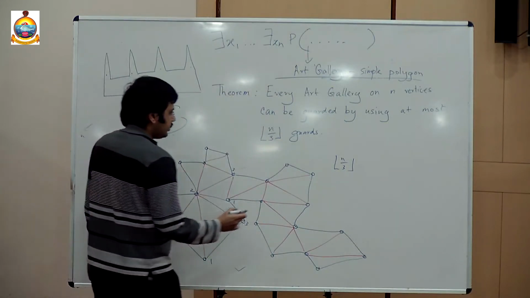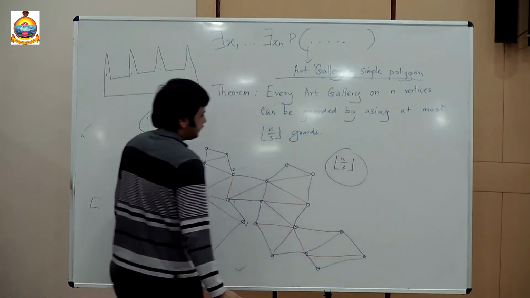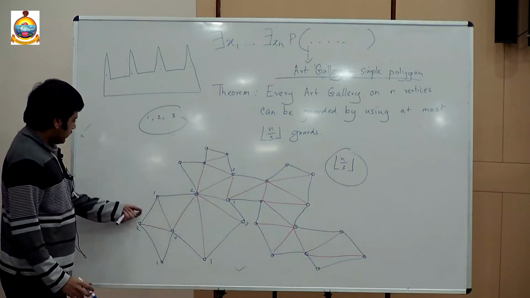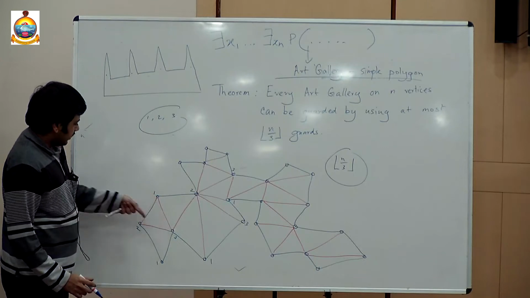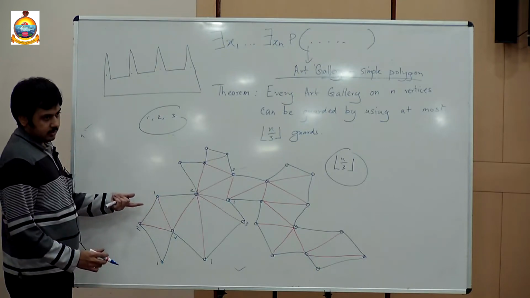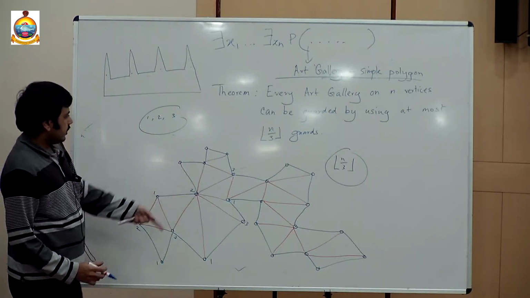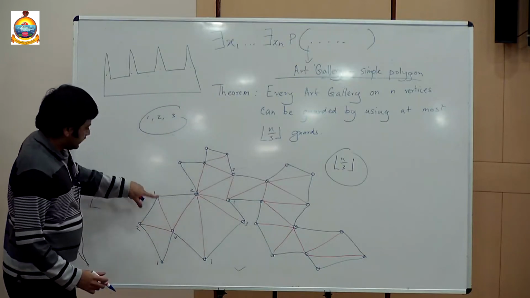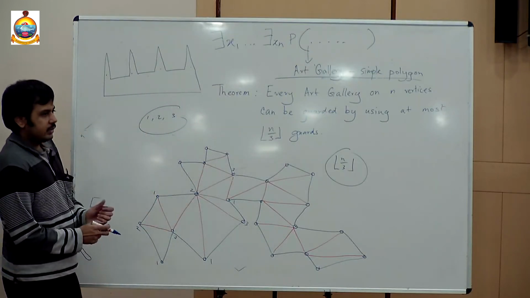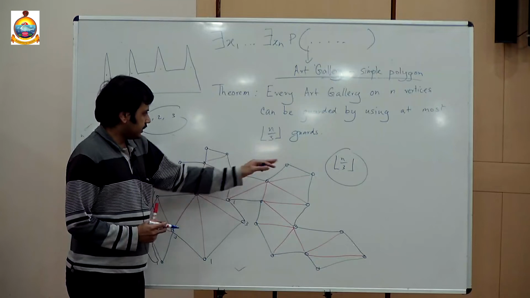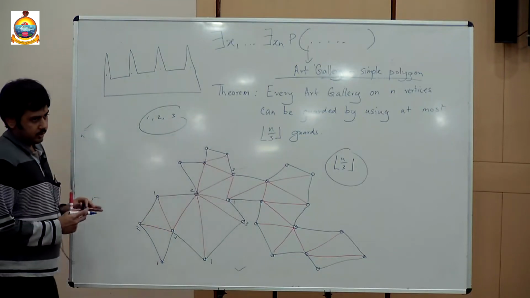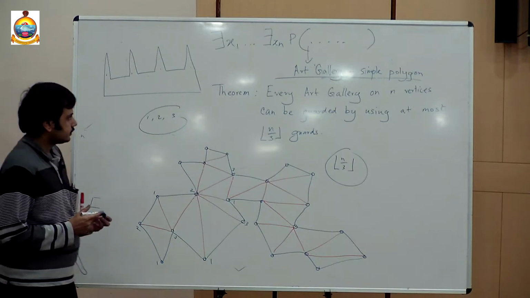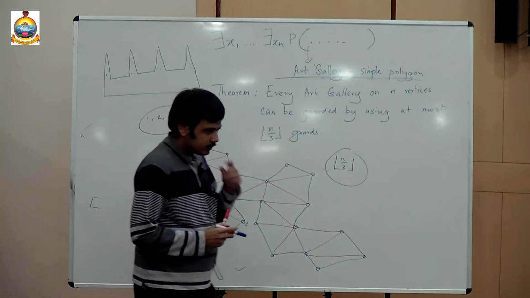So, we choose that very color, and since all the triangles are seen by their vertices, for each triangle we will find a vertex of this color that sees that triangle. That means the whole class of vertices colored with that color will see the whole polygon. Okay, so it is n by 3. So, n by 3 guards are sufficient.